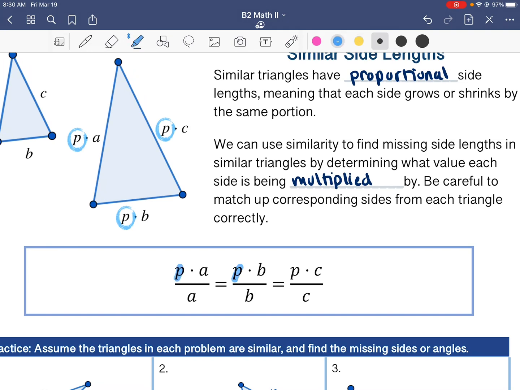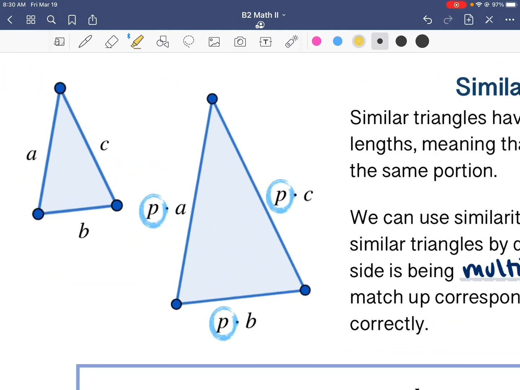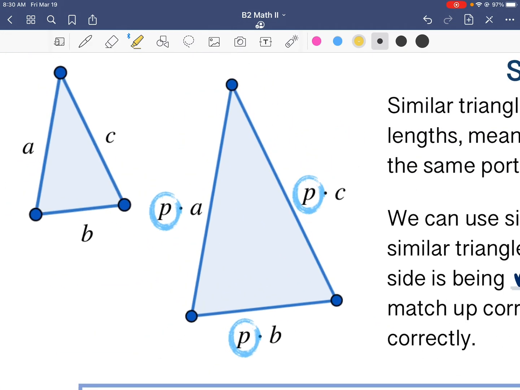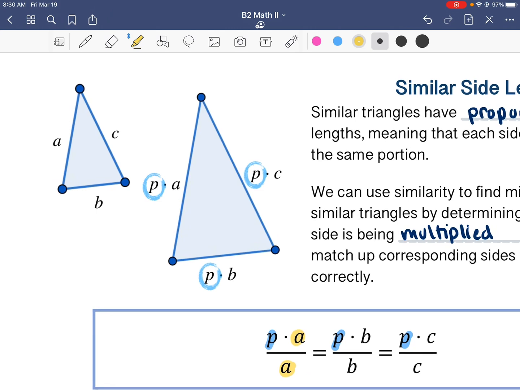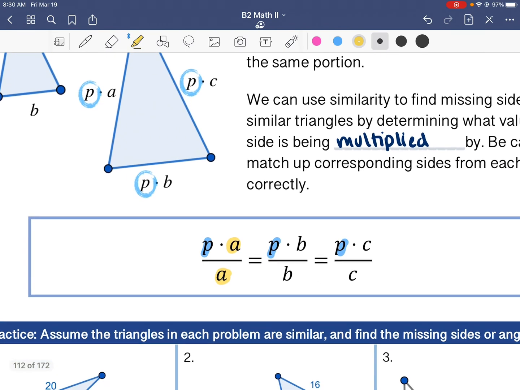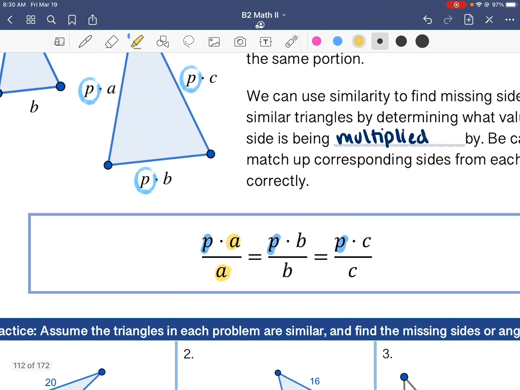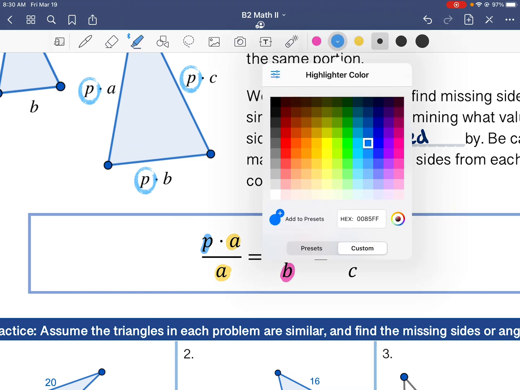So the bigger triangle has been scaled up by P. Here's my P on both sides, so that the same sides, A and A, are going to be equal, but one of them is going to be scaled up. So one of them is like A times P, and the other one's just A. And so these are all just indicating that the same corresponding pairs of sides make equal proportions.